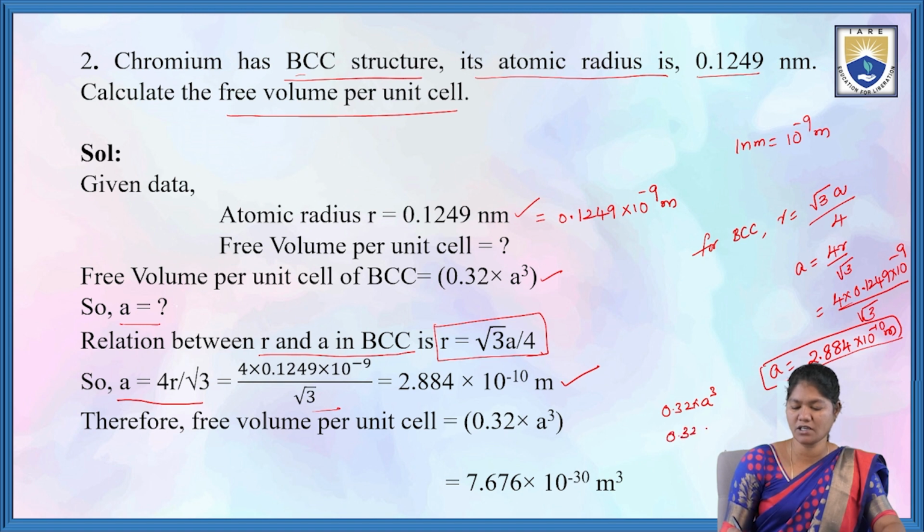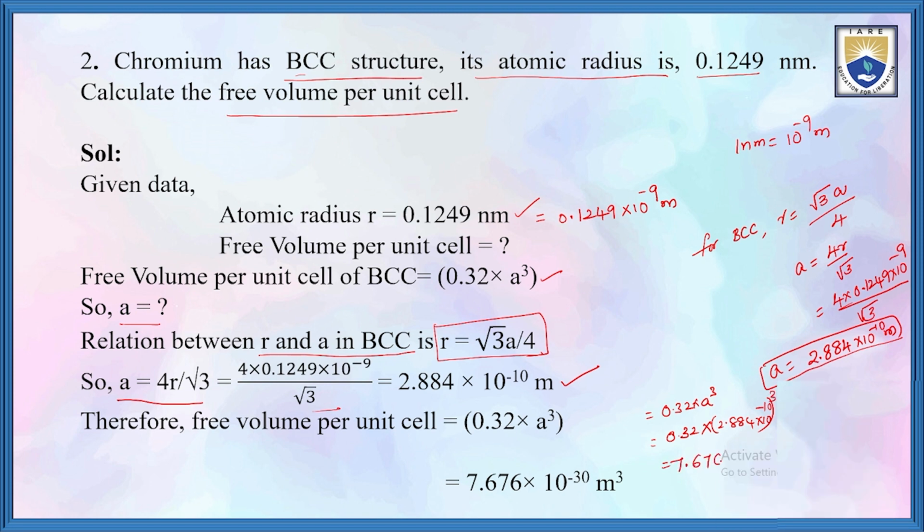Substituting the A value, 2.884 into 10 power minus 10 meters whole cube, we will get 7.676 into 10 power minus 30 meter cube. So this is the value of the free volume per unit cell.